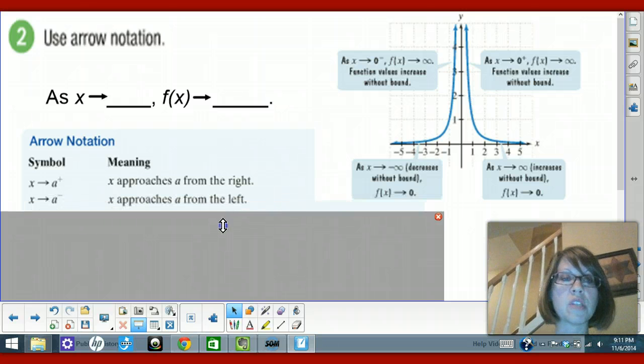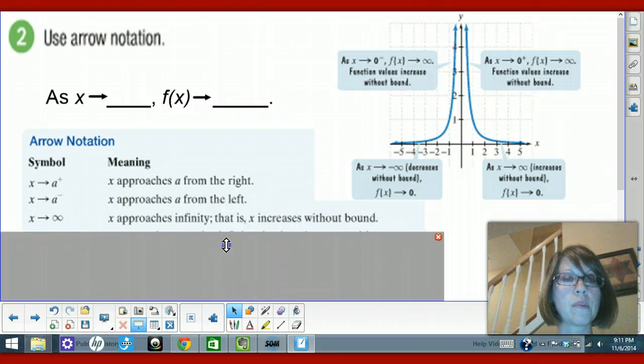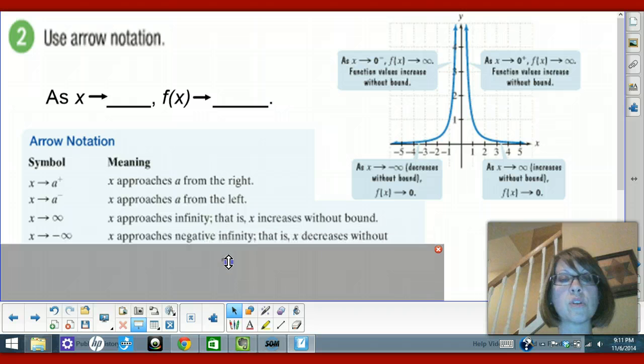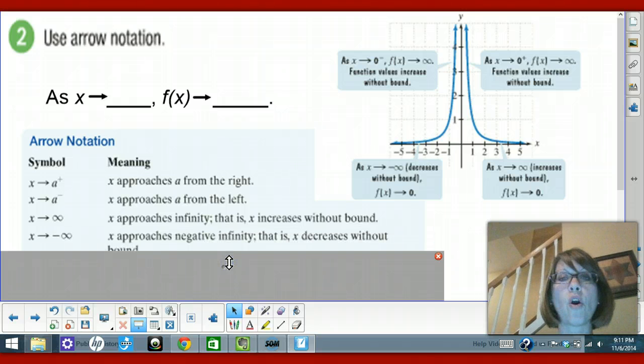And as x approaches a from the negative side, it means it's approaching from the left. If x is approaching infinity, that means it's going all the way to the right. And if x is approaching negative infinity, it's going all the way to the left.